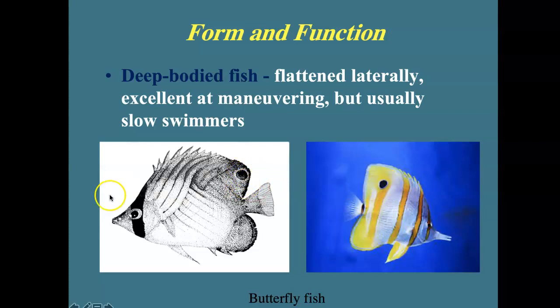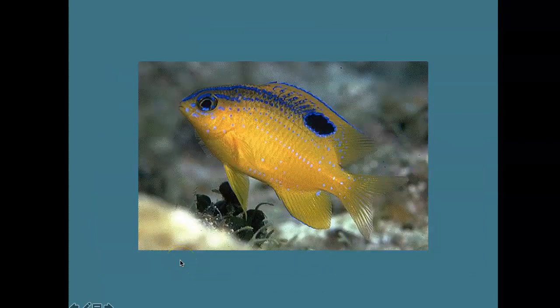And then they have this very disc-shaped body. And then again, another very territorial fish because it is a deep-bodied fish. So this is going to be your damselfish, which typically is not in distress and does the distressing. They have this laterally compressed, laterally flattened body form that you'll see.